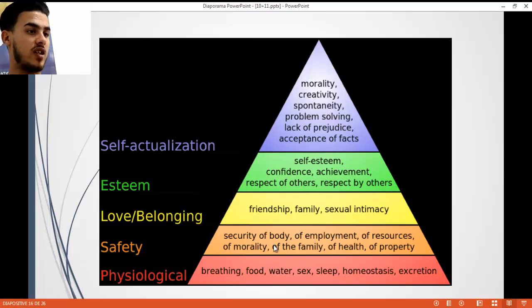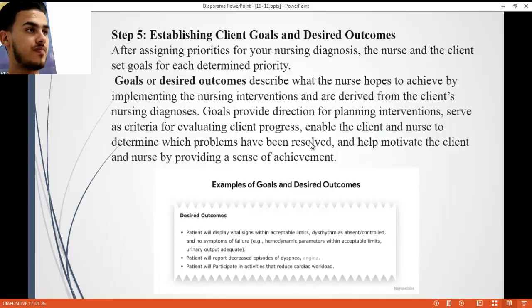Here we are classifying them from the bottom up, from the least important to the most important. Esteem: self-esteem, confidence, achievement, and the respect of others. Self-actualization, which means morality, creativity, spontaneity, problem solving, and other elements.